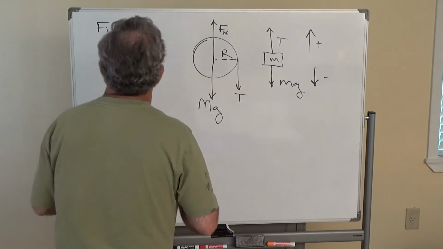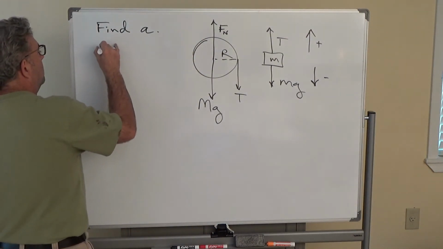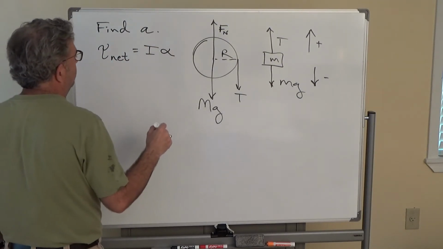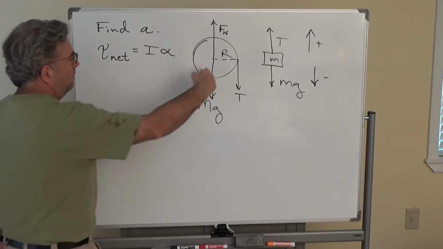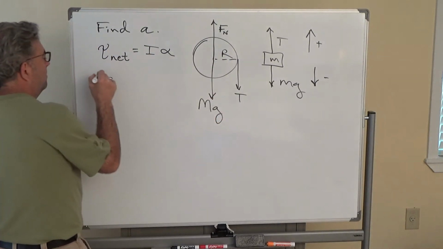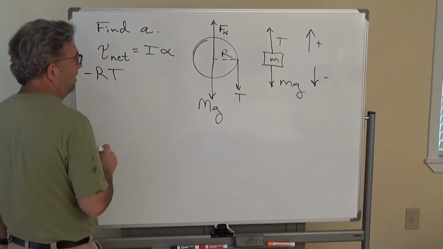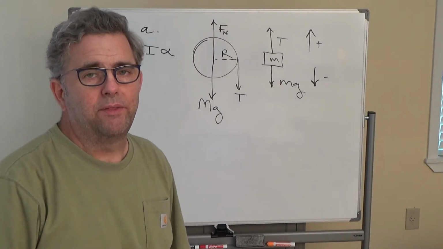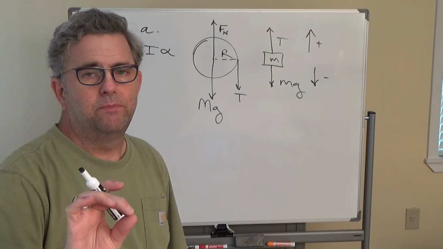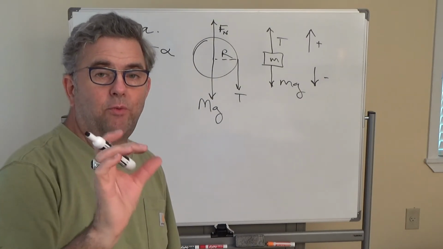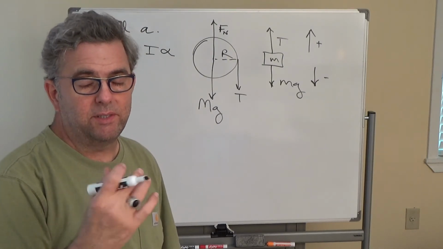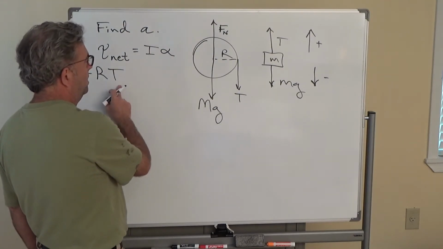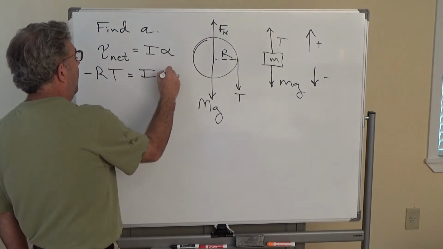This is fixed. So the net torque is equal to I alpha. What is the torque? Well, it's RT with a negative sign. Just like we did with Newton's second law for translation, we make those forces positive and negative. In this case, we make the torques positive and negative. So you have a negative torque, RT, and that's equal to I alpha.